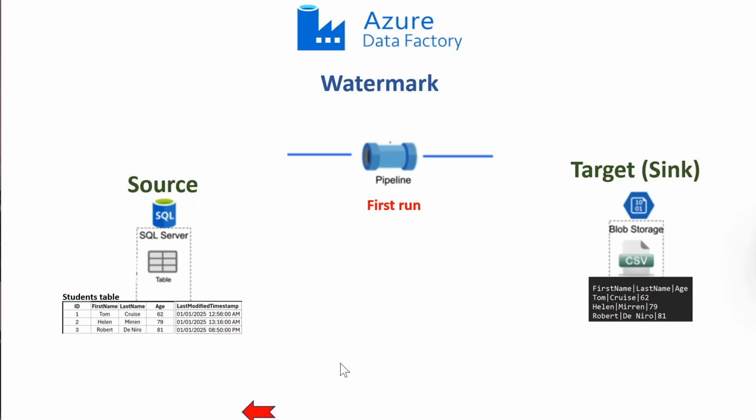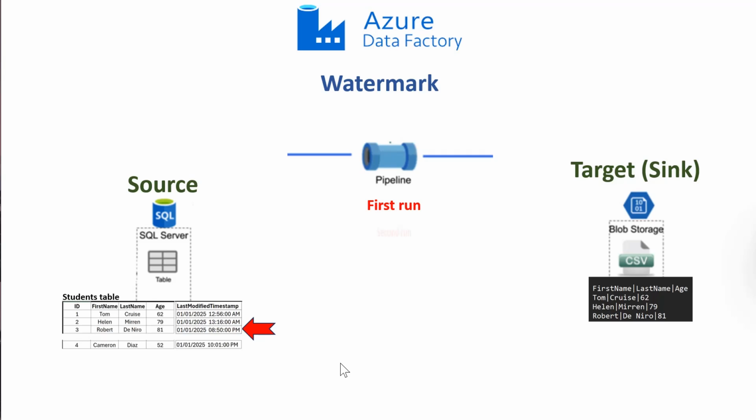And what we do here is mark the last timestamp at which we moved data across to the target. In this case, 1st of Jan 2025, 8:50 p.m. is marked. If you add a new record to this table, the timestamp would definitely be greater than that timestamp, for example, 10:01 p.m. the same day.